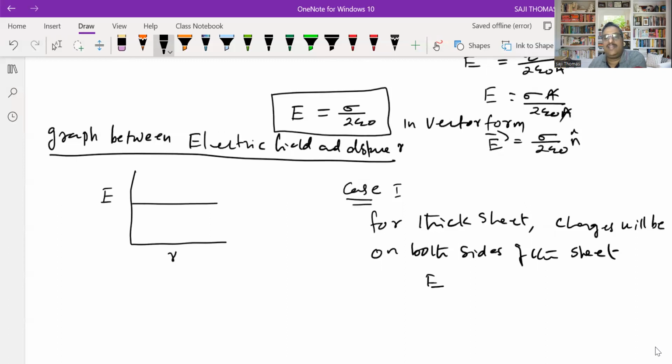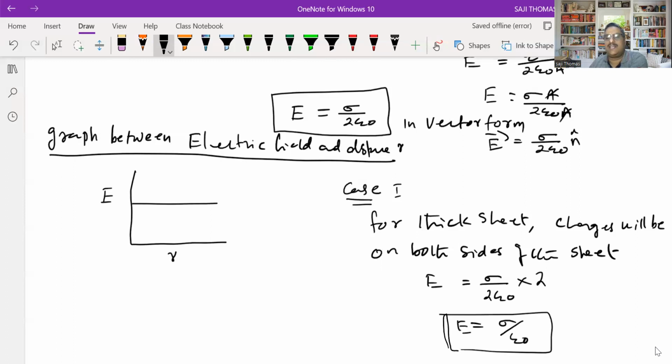Therefore, electric field intensity will be sigma by 2 epsilon 0 into 2. So you get sigma by epsilon 0. So thick sheet, that means it is a conductor, right? So this is the electric field near the surface of a conductor, sigma by epsilon 0.